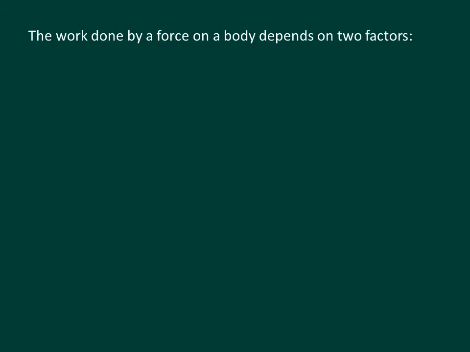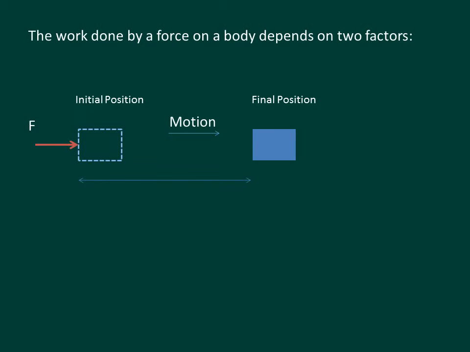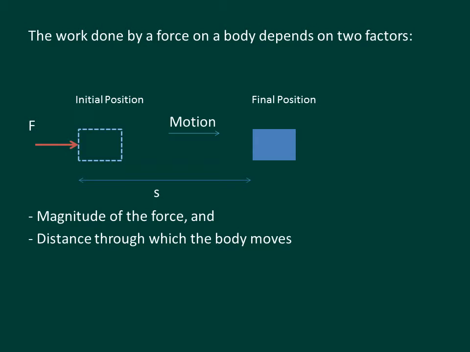The work done by a force on a body depends on two factors. Let us take a box. When a force F moves a body by a distance S, that is from initial position to final position, the total distance traveled is S. That means the work done depends on two factors: the magnitude of the force and the distance through which the body moves.